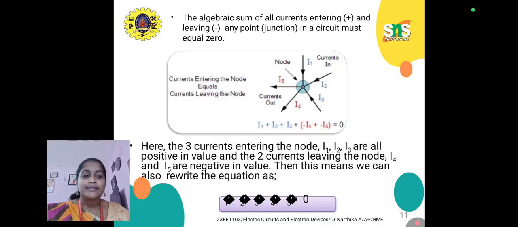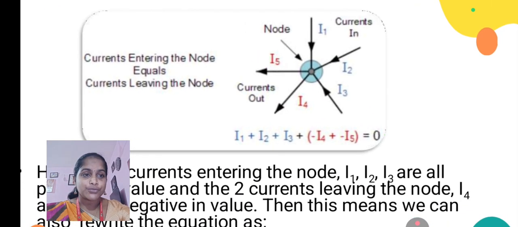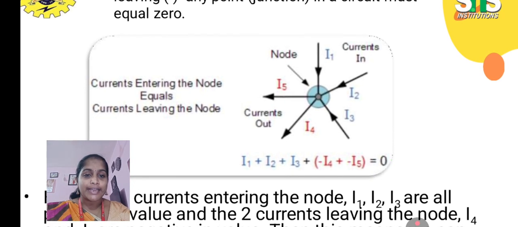This means we can rewrite the equation as I1 plus I2 plus I3 plus minus I4 plus minus I5 equal to 0. Currents entering the node equal currents leaving the node.